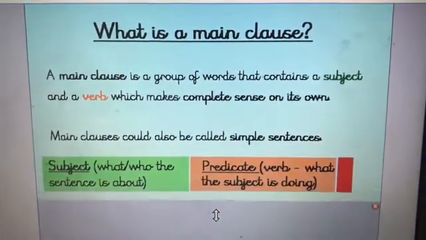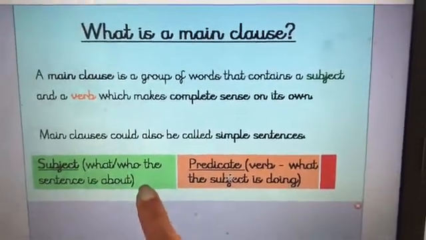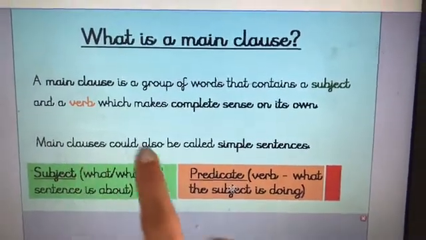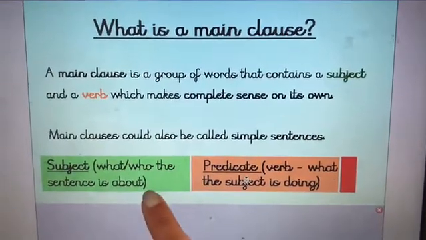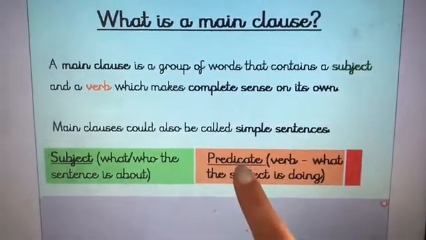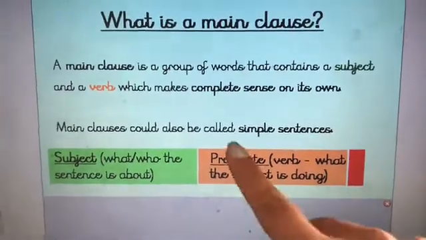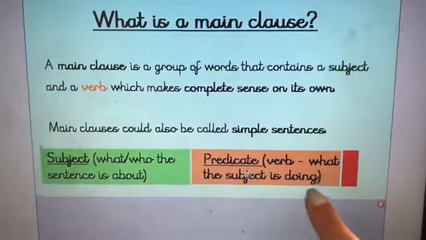You are right, it is a green card and an orange card. Now, on our green card, we have the subject, which is what or who the sentence is about, and on my orange card, we have got the predicate.